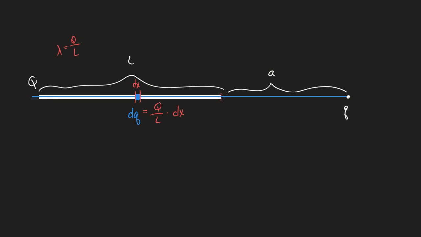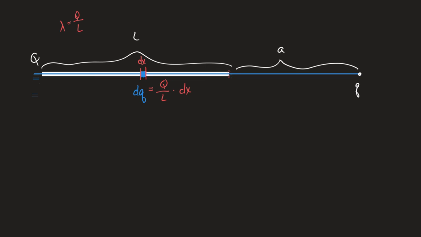All right, so now I usually say the next thing that I think is good to do is try and define where this piece is relative to where your charge is, or your point of interest. This is my point of interest. So to define where it is, I need a variable that tells me where it is.